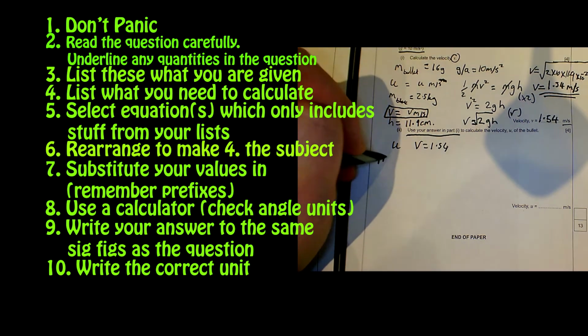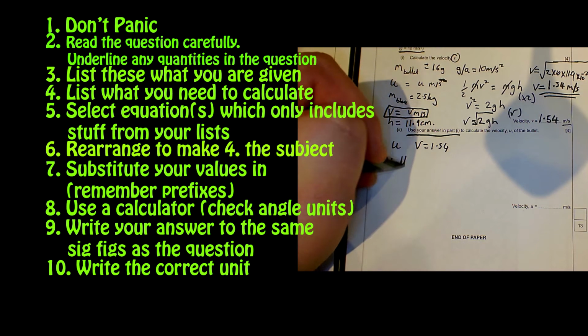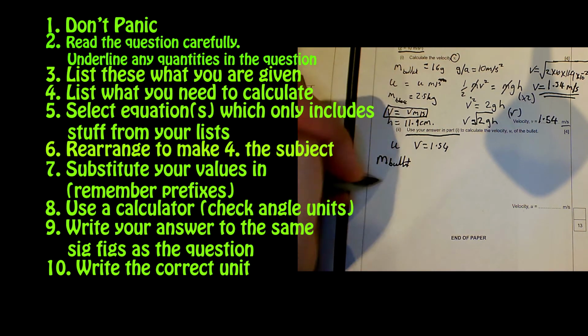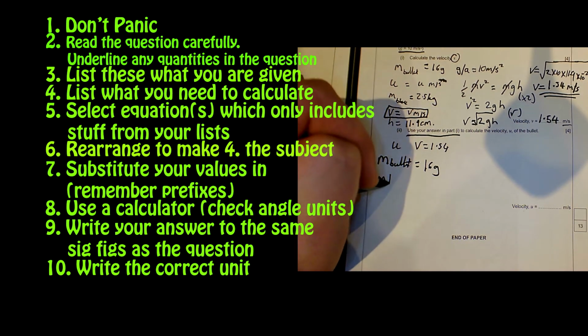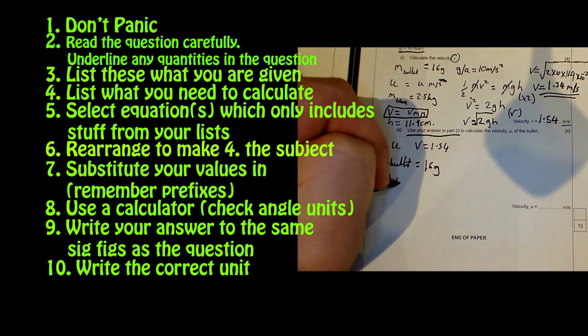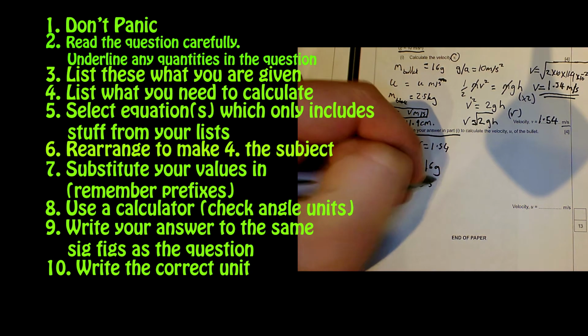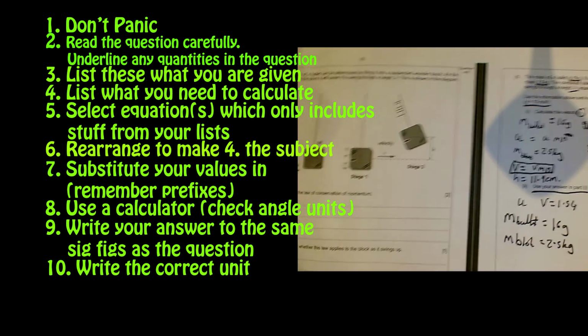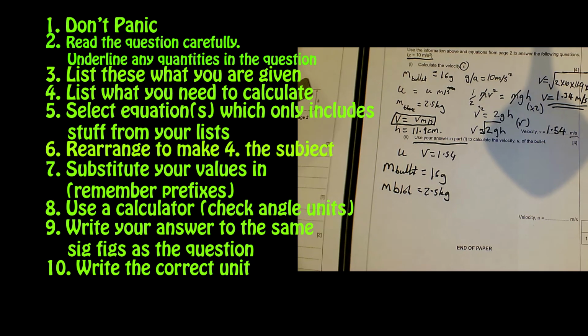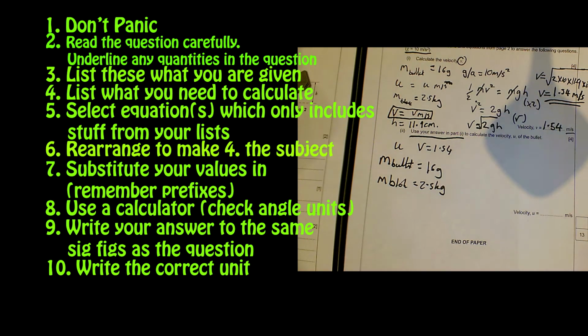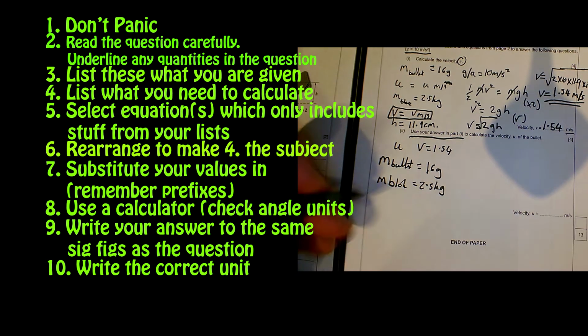I've got m of bullet is 16 grams and m of block is 2.5 kilograms. If I go back to the beginning of the question, the bullet gets embedded in the block, so I'm going to use momentum.